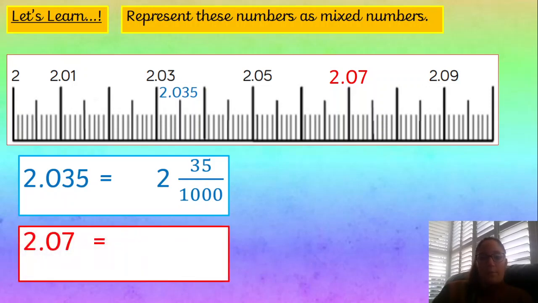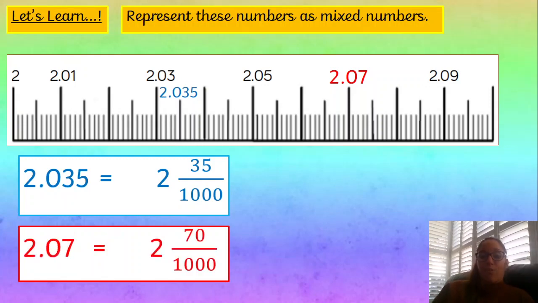What about this one? We've got 2.07. What could that be as a mixed number? How many wholes have we got? Well, we know we've got 2 wholes because we've got 2 ones. So 2 point, then we've got 0.07. So does that mean we're going to have 7 thousandths?